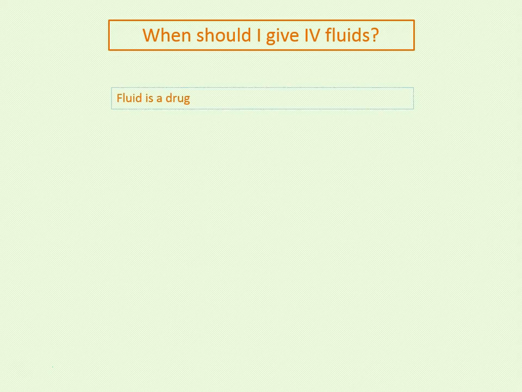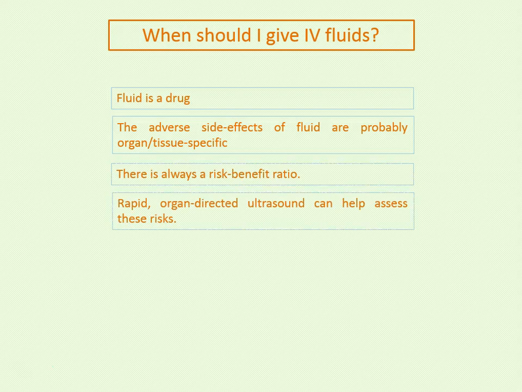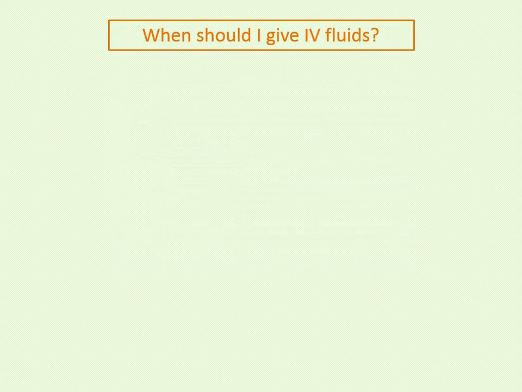So if we consider fluid to be a drug, just like any other drug, there can be organ-specific adverse side effects. And there's always a risk to benefit ratio with any drug. So the power of ultrasound is that you can use ultrasound to assess the vital organs for their risk for further fluid loading. And then you want to give fluids when the overall benefit of fluids outweighs the risks to the various vital organ systems.